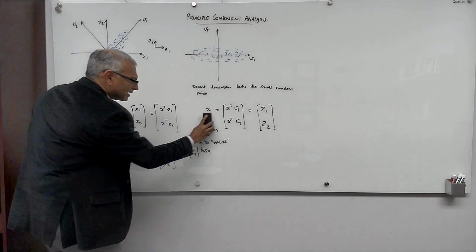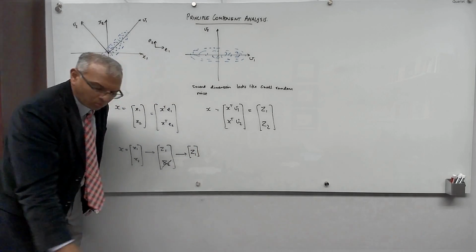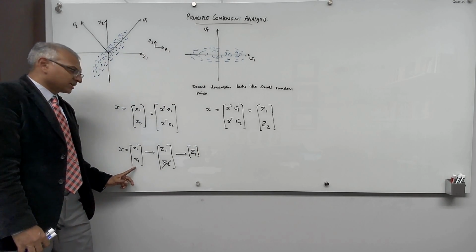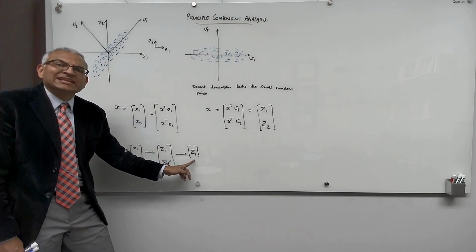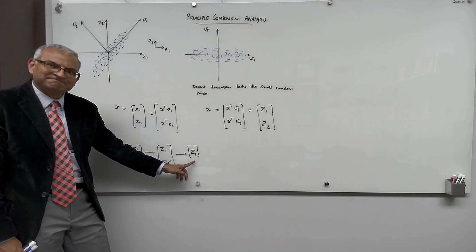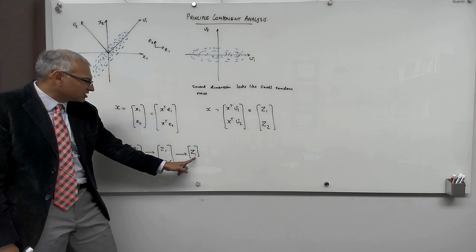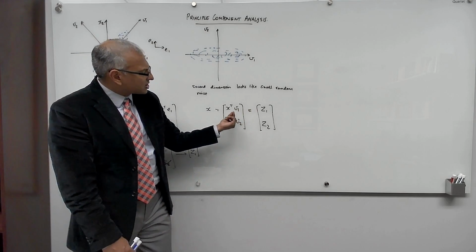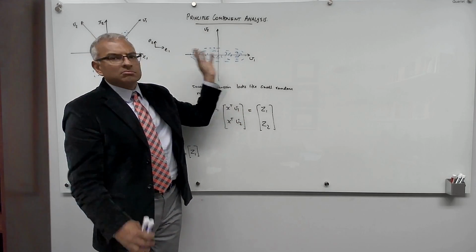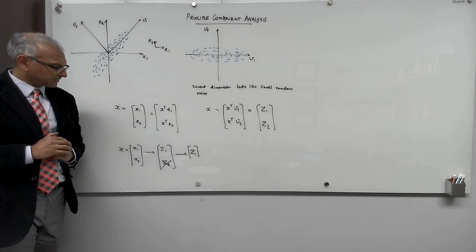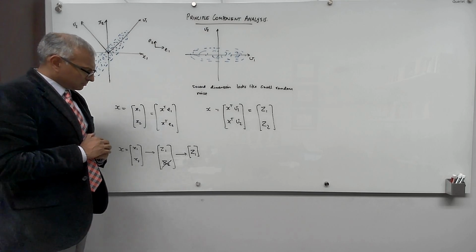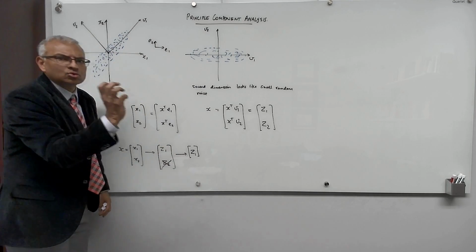Okay. And now let's see what we have accomplished. We've taken x1, x2, a two-dimensional vector, and produced a one-dimensional vector z. The component z1 is just the projection of x onto the dominant direction of v. Now this step loses information.